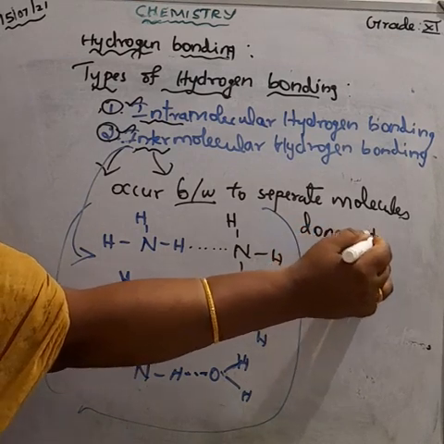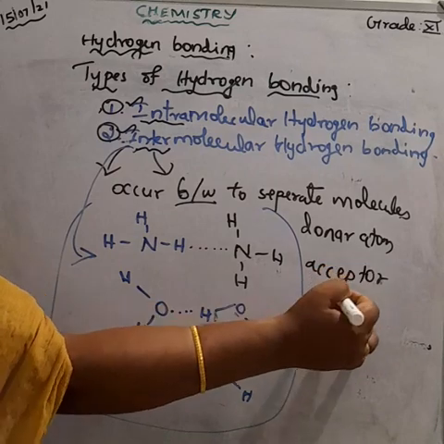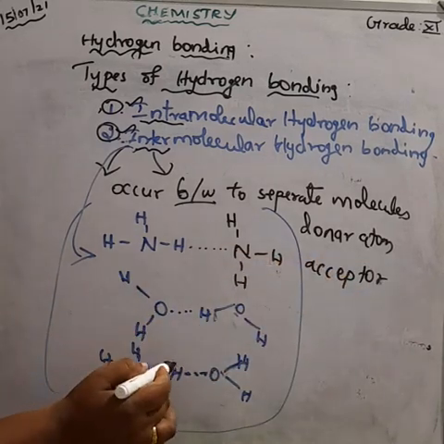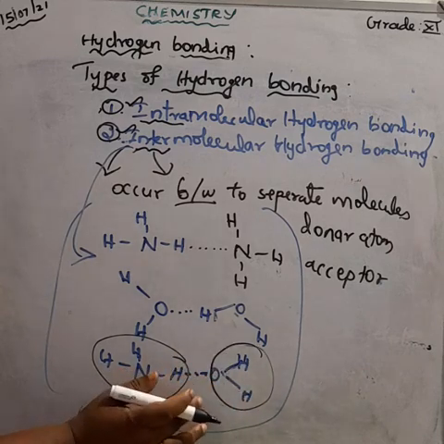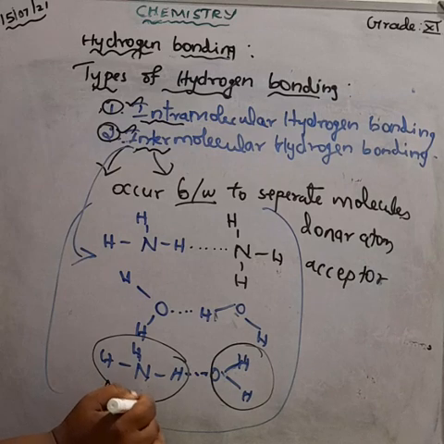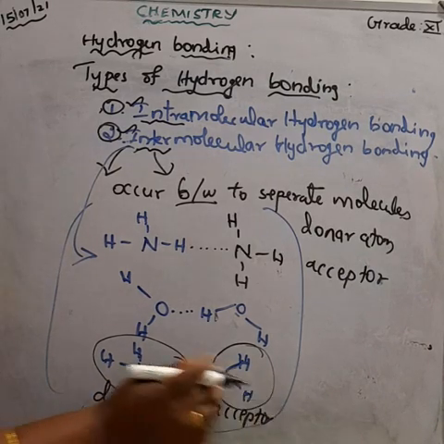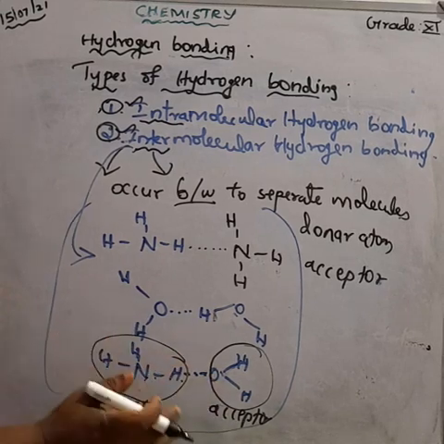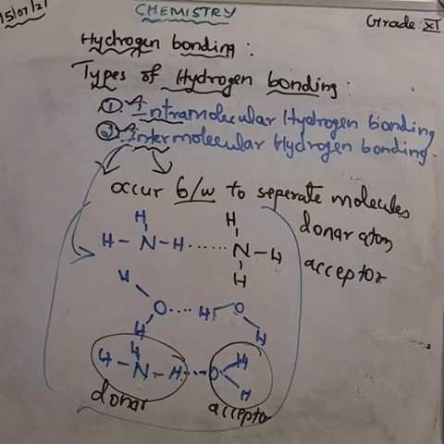Here, two types of atoms are present in the two molecules: one is the donor atom and the other is the acceptor atom. For example, in the intermolecular hydrogen bond between ammonia and water, ammonia is the donor molecule and water is the acceptor molecule, because ammonia donates a hydrogen to the water molecule, so oxygen is the acceptor.